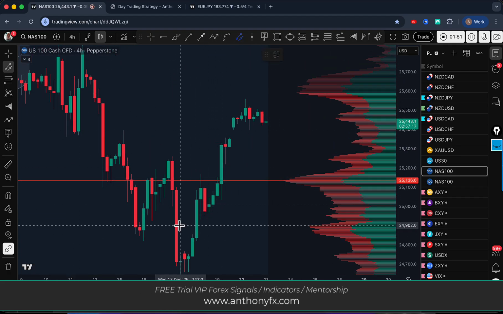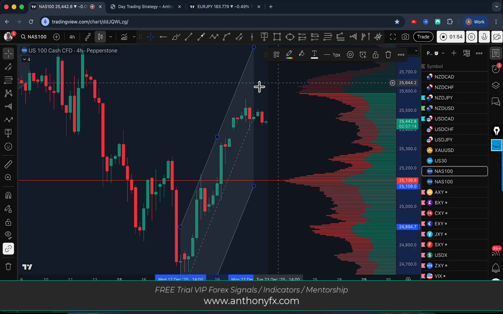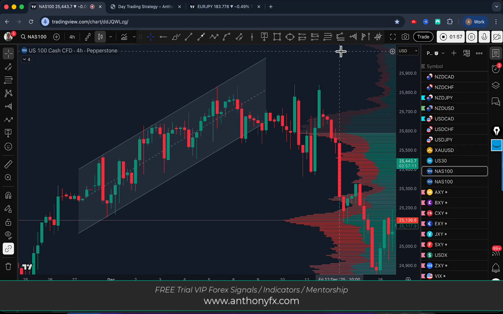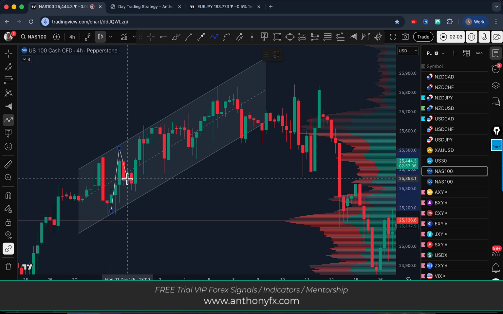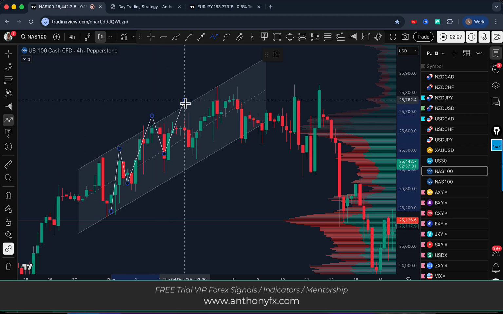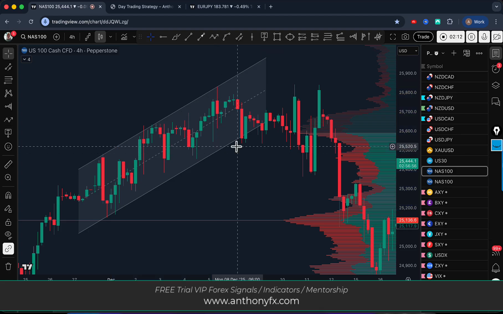Let's just establish that clearly. But I need to see price action do this: low, high, pull back into equilibrium. Low, high, pull back into equilibrium. Low, high. It's got to do that for me. If it fails to do that, I am very reluctant to get involved.